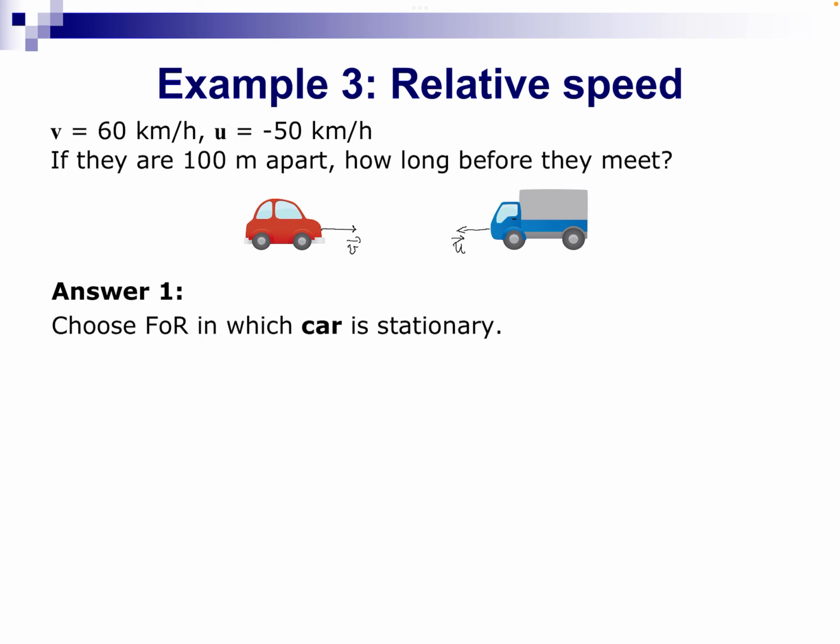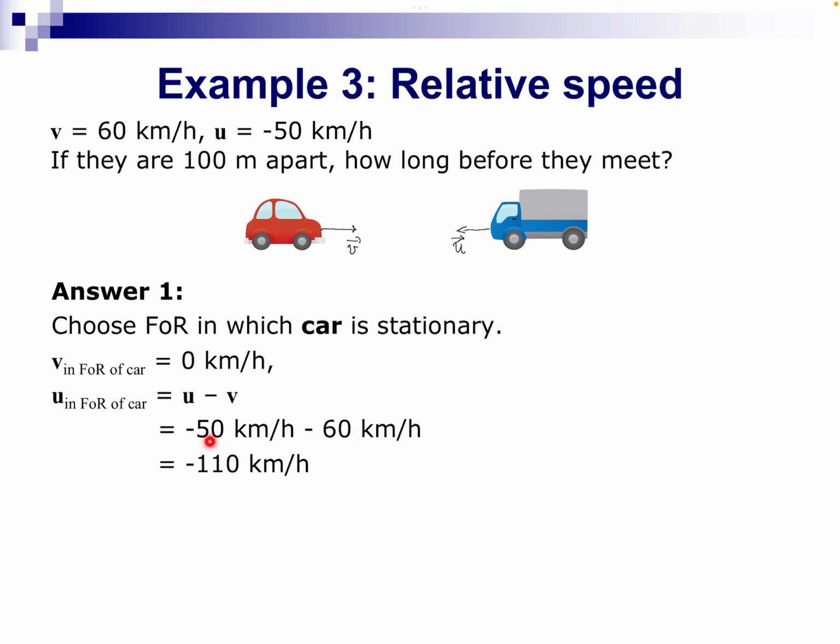Right. If we choose the frame of reference in which the car is stationary, so say you are the person in the car, it will appear like you are not moving, but the truck is moving towards you. That's the frame of reference in which the car is stationary. So the velocity v of the car in the frame of reference of the car will be 0, whereas the velocity u of the truck in the frame of reference of the car will be equal to the truck's velocity minus the car's velocity.